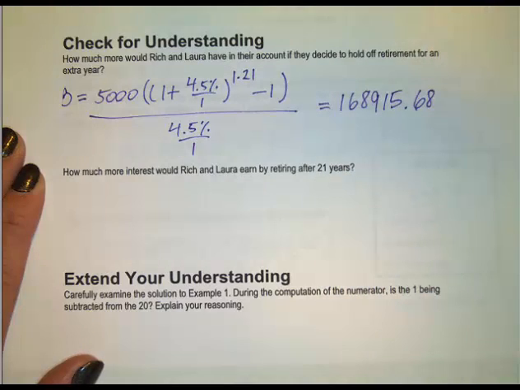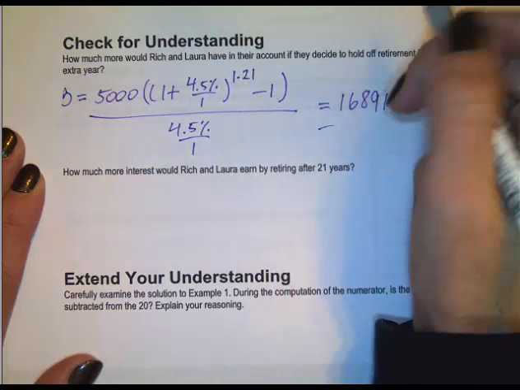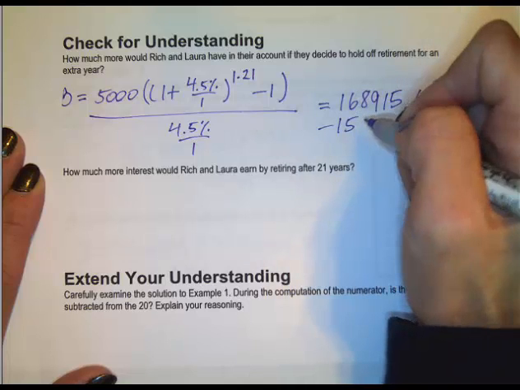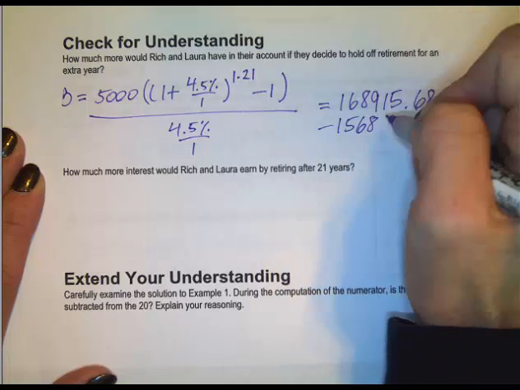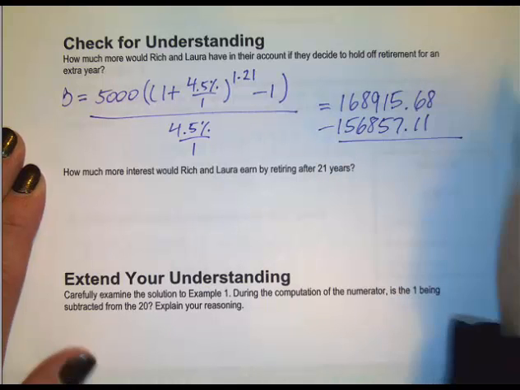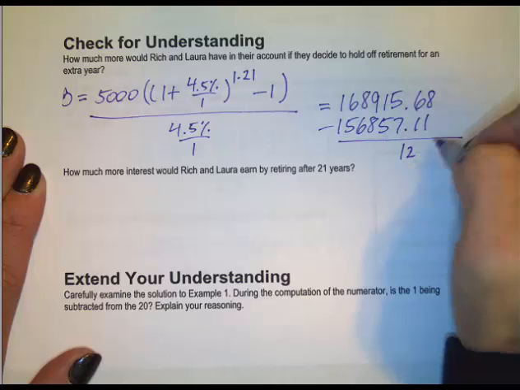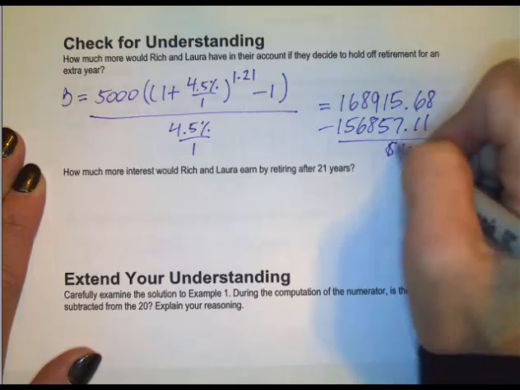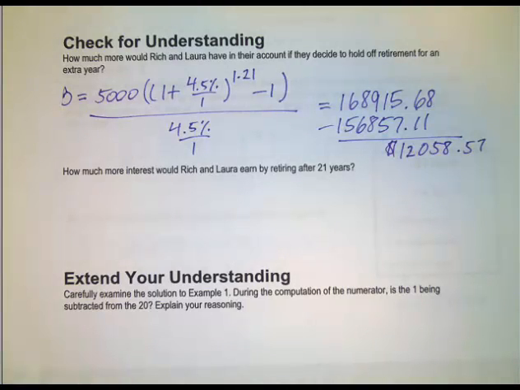So how much more would they have? Well, if we subtract the previous page of 156,857.11, our answer would be $12,058.57.